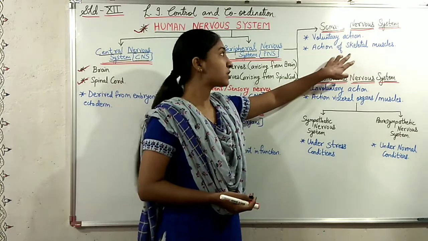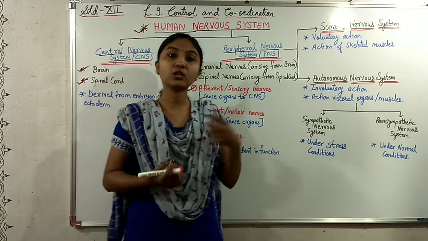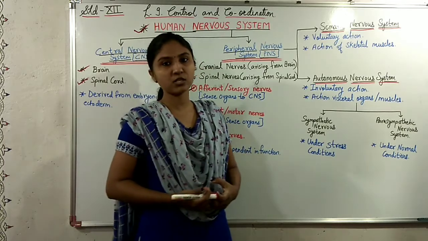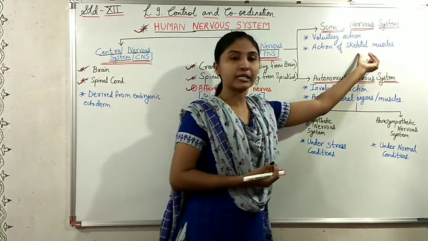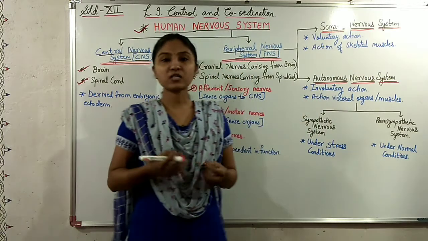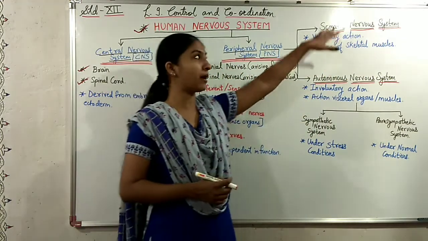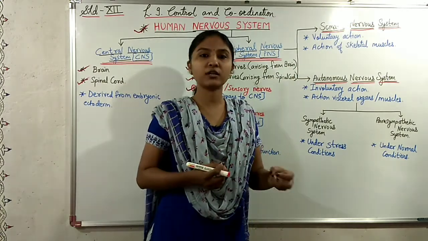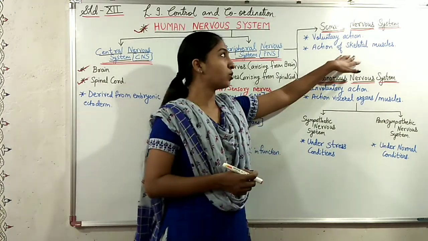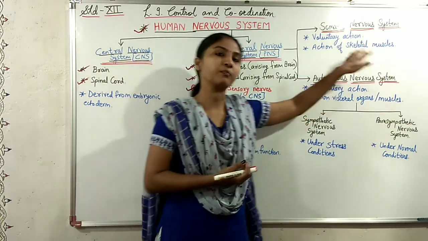The somatic nervous system controls all the voluntary actions in our body, such as the actions of skeletal muscles. Those actions which are voluntary, which can be controlled, are under the control of the somatic nervous system.